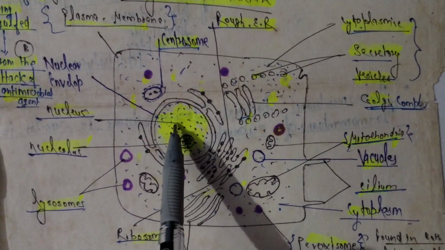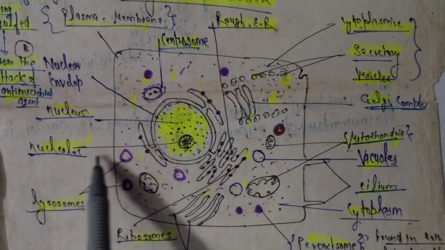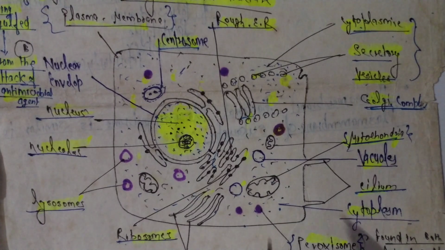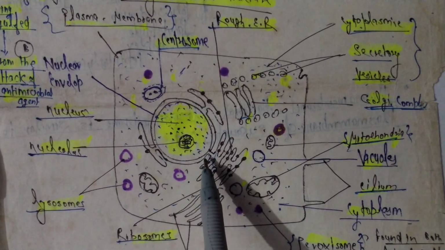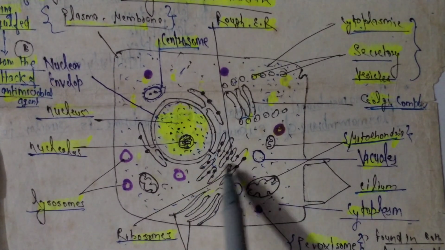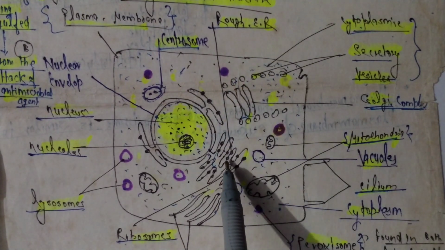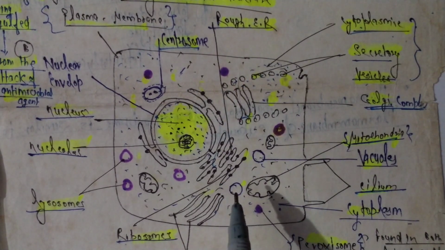This is the nucleus, and inside the nucleus you can observe the nucleolus, where ribosome synthesis occurs. From the outer nuclear membrane you can observe this structure known as the rough endoplasmic reticulum. Why is it known as rough endoplasmic reticulum?